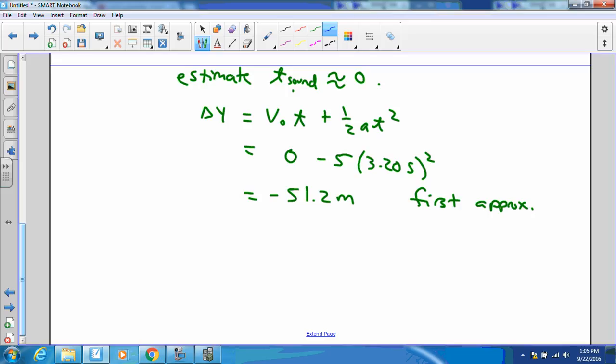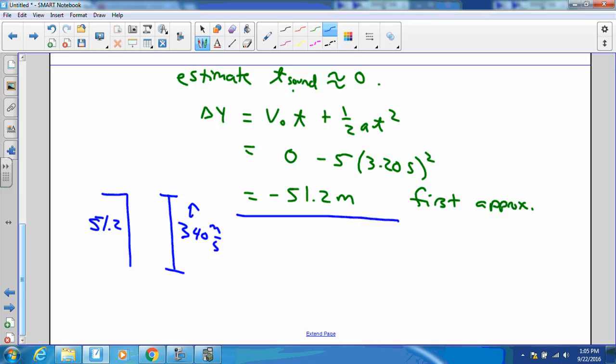Now, let's consider that to be a rough draft answer. The cliff is 51.2 meters high. And let's now do a second draft of our solution by asking, okay, if the cliff is 51.2 meters high, how long will it take the sound to travel upwards at 340 meters per second? And that's an easy calculation. Here comes our second approximation.